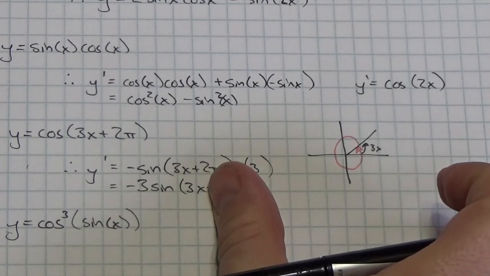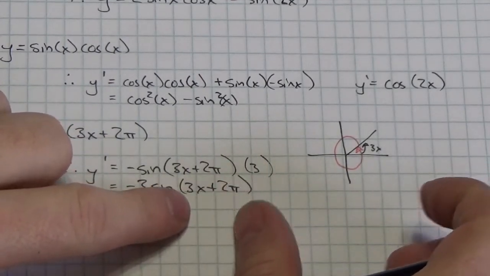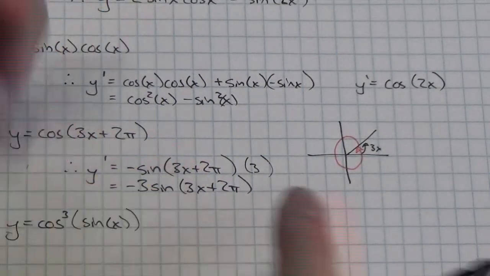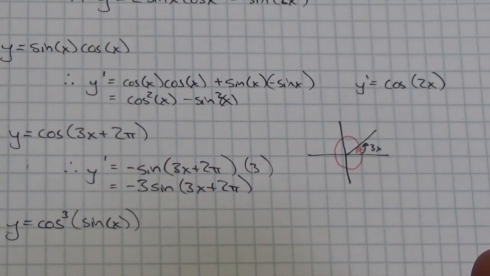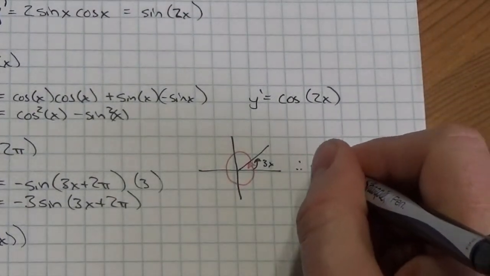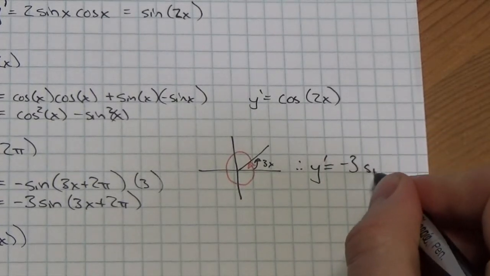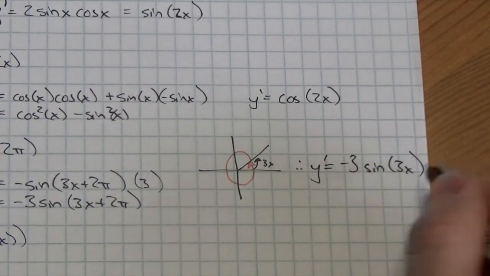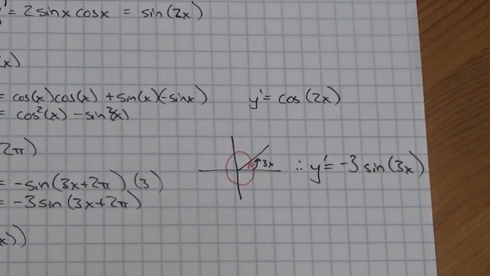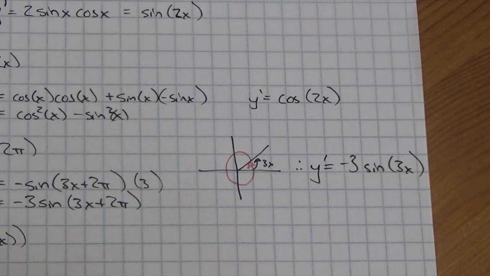So in terms of the trigonometry, the sine of 3x and the sine of 3x plus 2 pi will be identical. Okay? That is the nature of a periodic function. And so therefore we can say here that our derivative is simply going to be negative 3 sine of 3x. I can ignore that plus 2 pi there. Okay. Really interesting property of periodic functions.